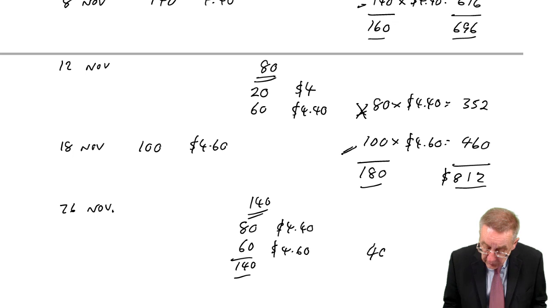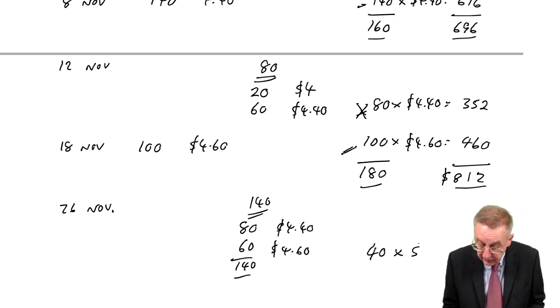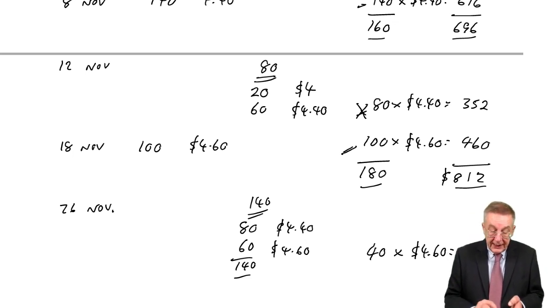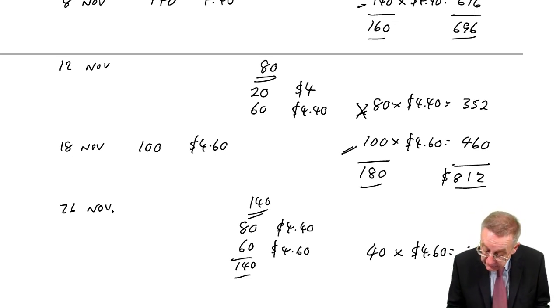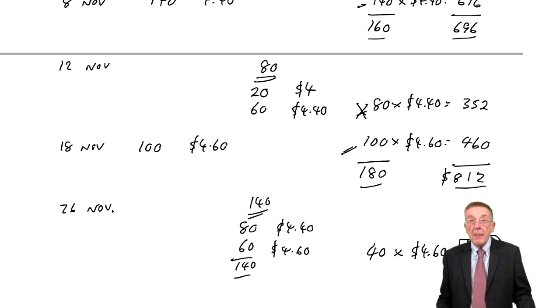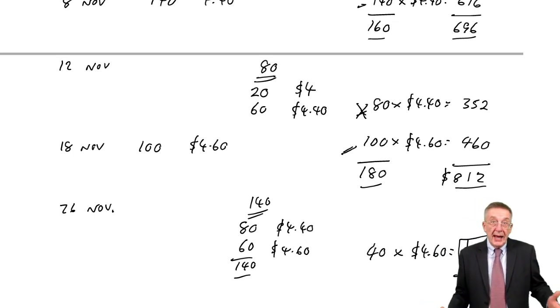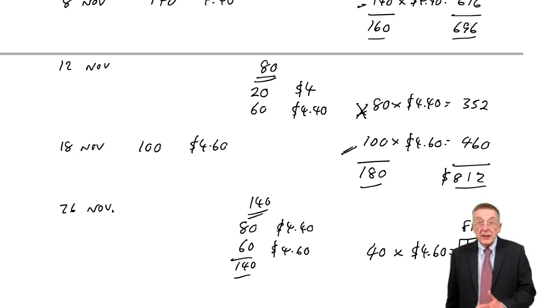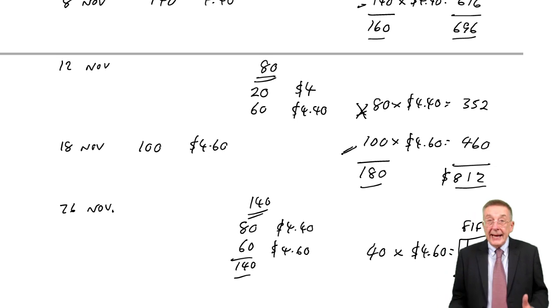So we're left with 40 units, and they're all $4.60. And so the value, 40 at $4.60, is 184. And on this basis, FIFO, we already knew there were 40 units left. I checked at the beginning, but using the FIFO approach, those 40 units will be valued at 184.